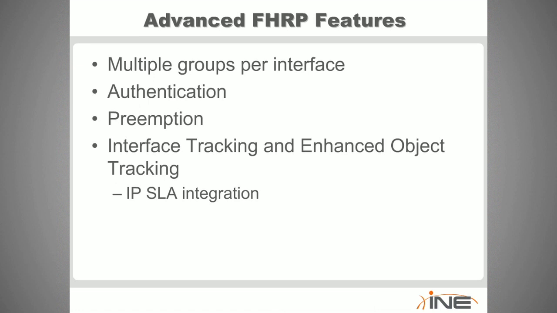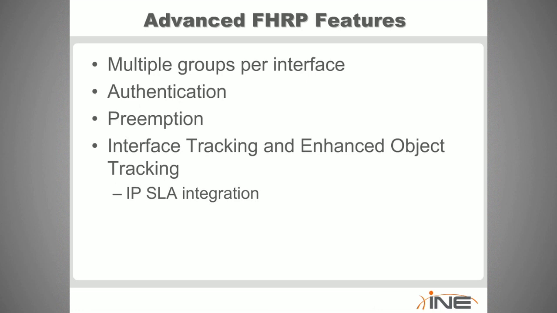So half of the hosts in the VLAN default to the gateway address .1, half of them default to the gateway address .2, where .1 and .2 would both be redundancy groups on different routers that are backing each other up.